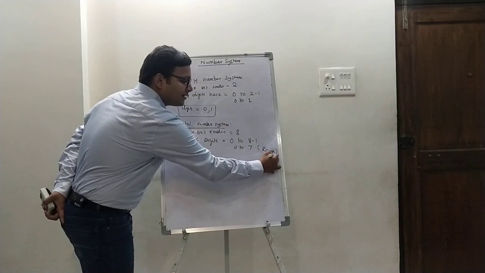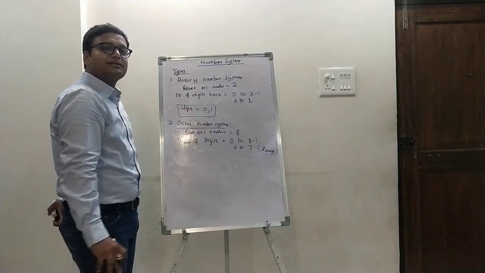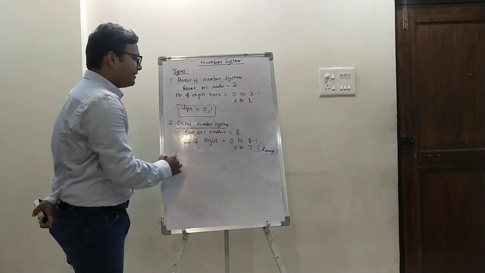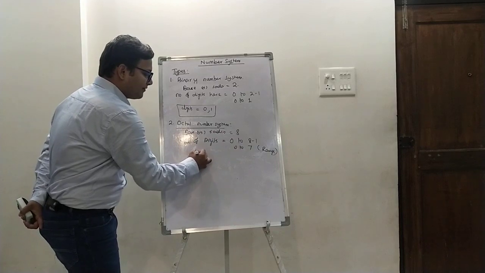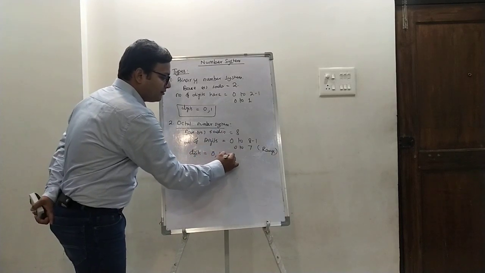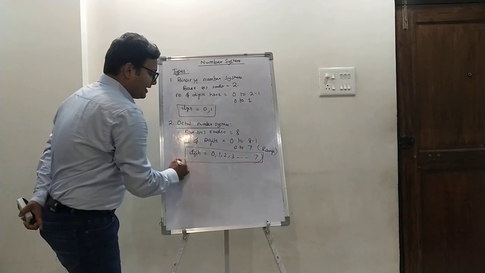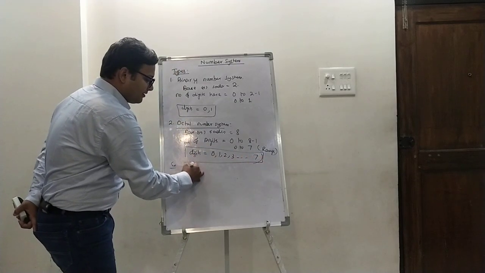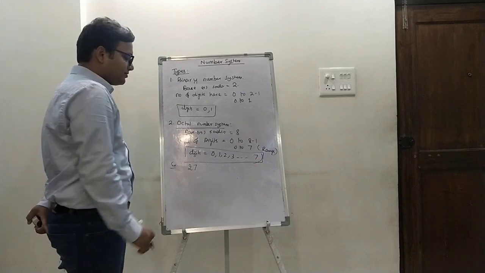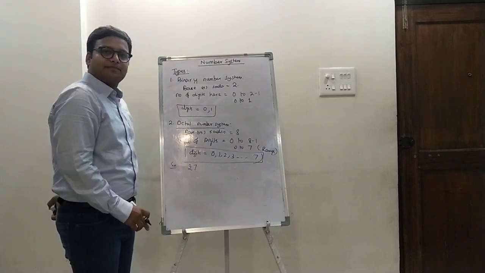The numbers represented in the octal number system must contain digits in the range 0 to 7, so the digits are 0, 1, 2, 3 up to 7. An example is 27, which is an octal number.